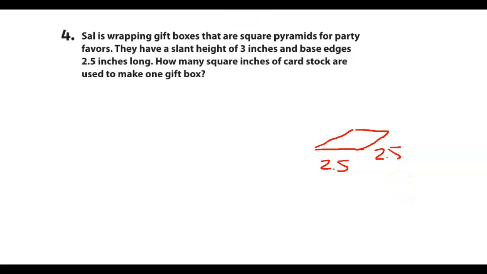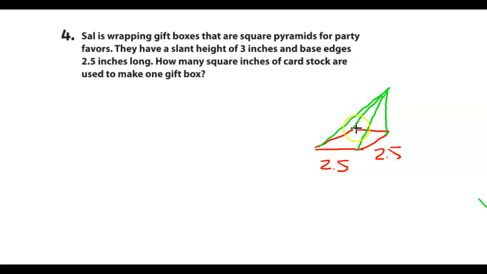And then they're telling us, let me change the color here, that the slant height is going to be 3. So I'm not the best at this drawing stuff here, you guys. So let's go ahead and come up there, and there, and there, and do that right there.